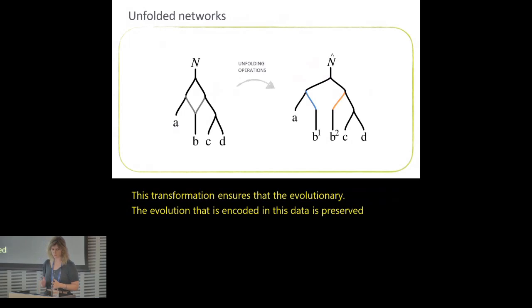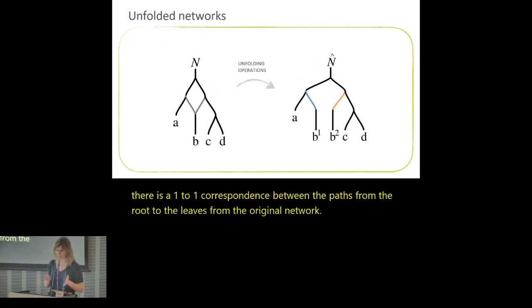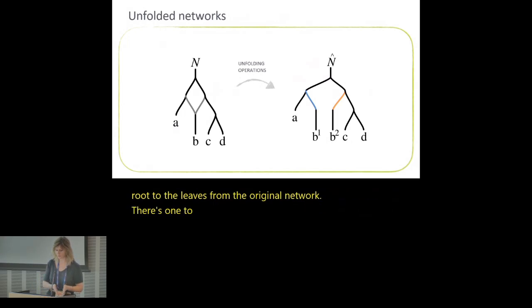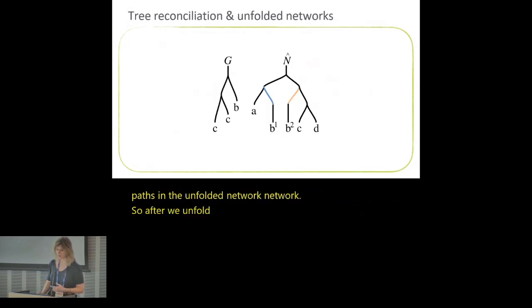So there is a one-to-one correspondence between the paths from the root to the leaves in the original network and the paths in the unfolded network. So after we unfold the network, we can apply the tree reconciliation without any further changes.